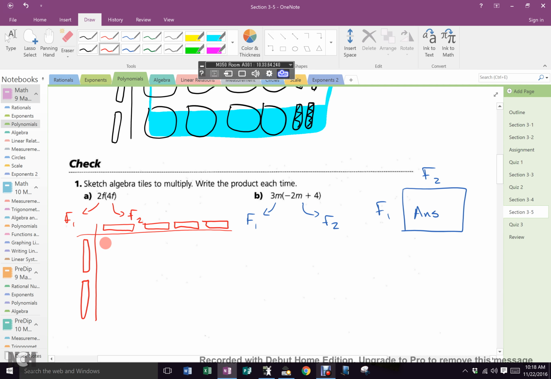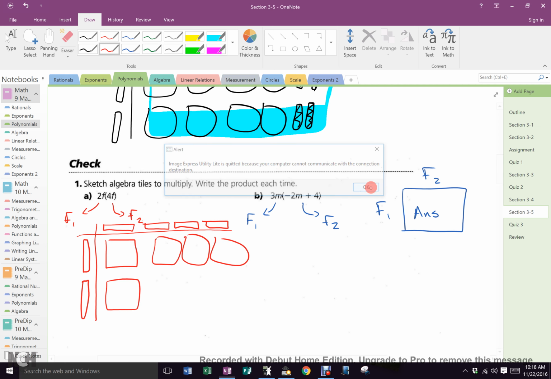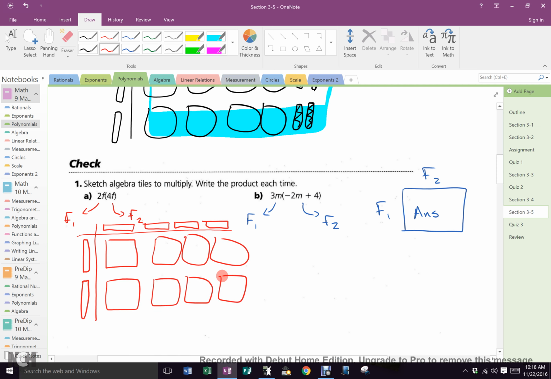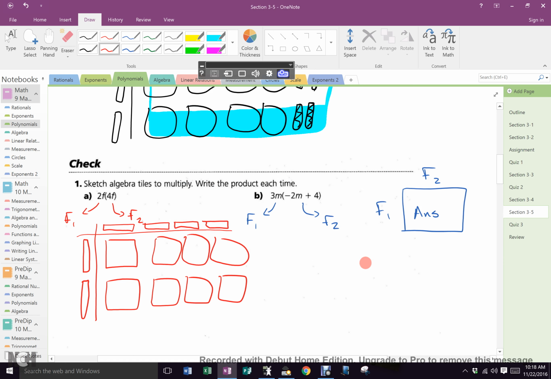What's the middle look like? 4 big squares, and then four more big squares.